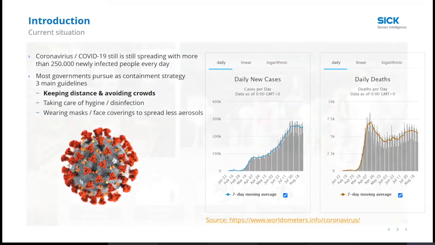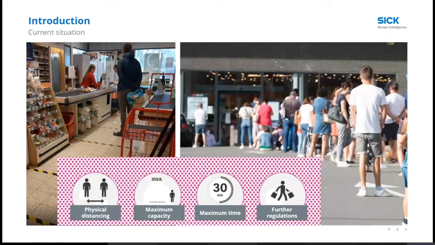So there's a variety of ways that our governments have set up to try to keep people safe. Some of them are pretty simple, like just staying away from each other. Some of them are a little more complicated, like trying to keep people within a certain space for a certain amount of time, or prevent them from being in that space for too long. But maximum capacity is one that is really pretty difficult to enforce, because we've got public spaces, and within those public spaces, we can calculate what is a safe number of people to have in there.